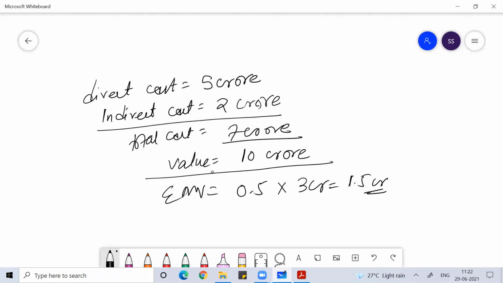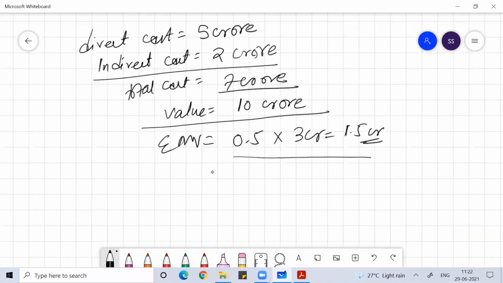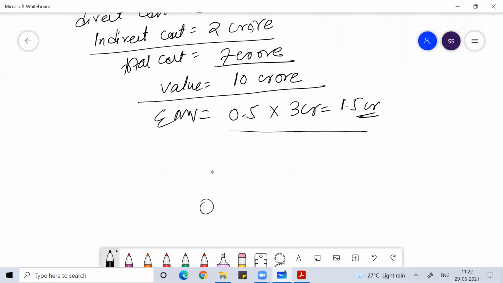You can have your own opinion about where to put the probability, that 50% probability. Because only if you get the project can you put in the 5 crore and the other costs, so everything depends on that 50%.